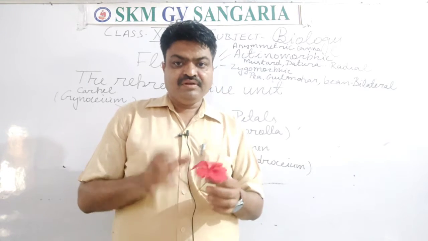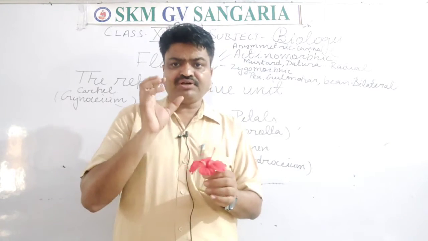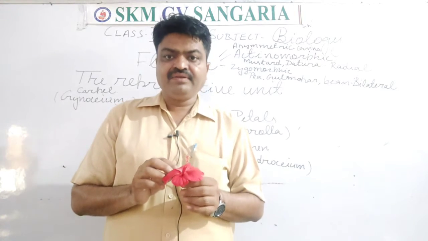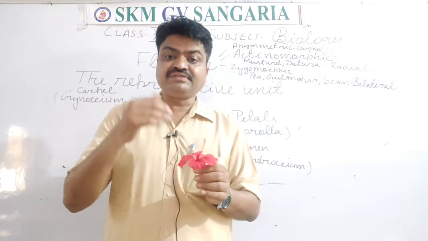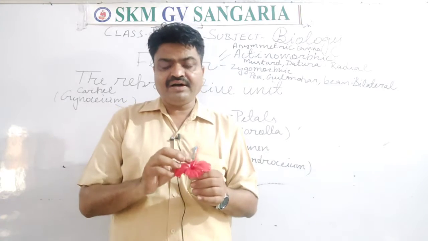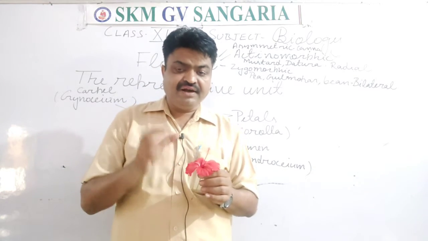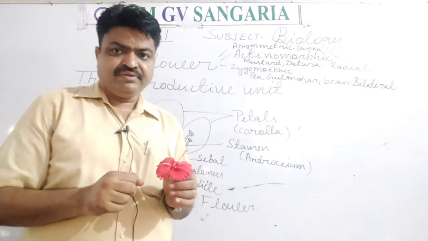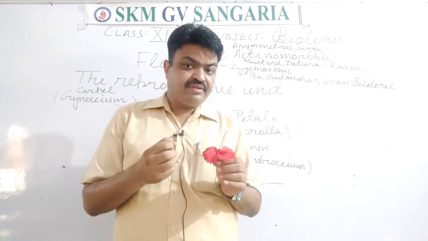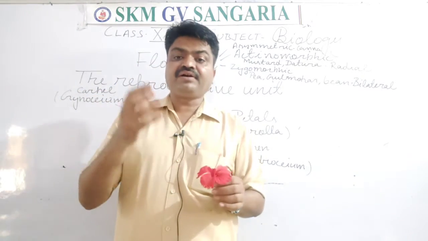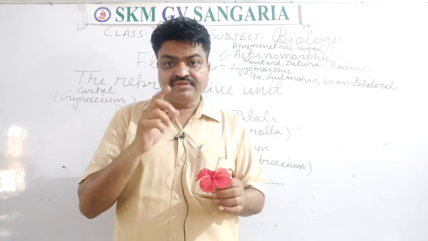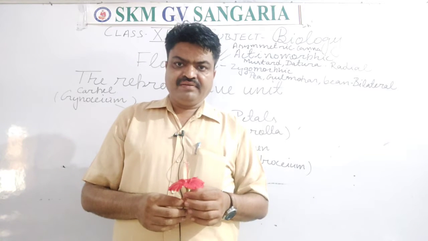After this comes the most attractive part of the flower, which has different colors and also a fragrance, and with the help of that fragrance or aroma or the color, it attracts the pollinators.